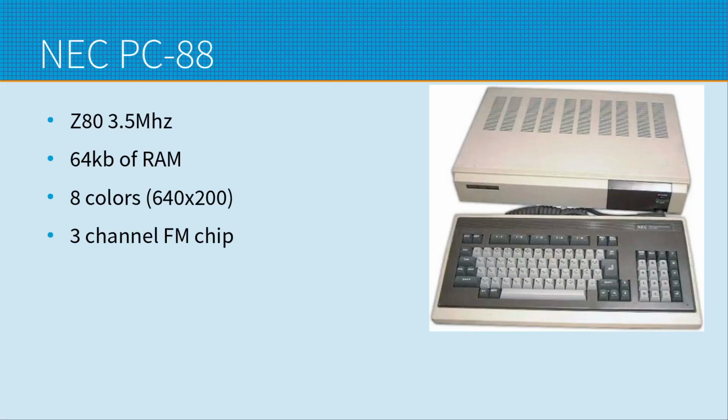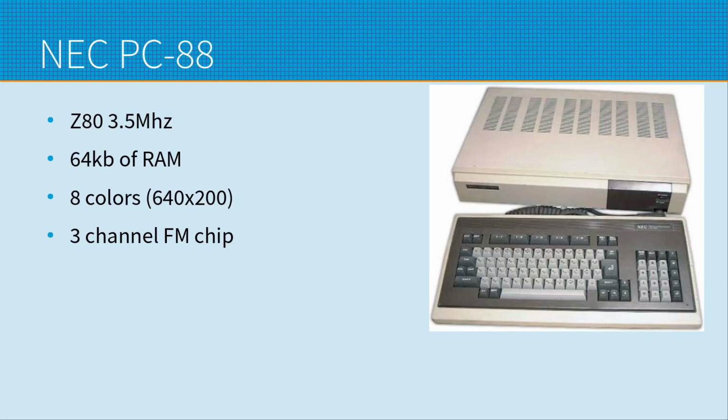So the next computer is the NEC PC-88. Unlike the C64, it has a Z80 processor, but it has a much bigger resolution: 8 colors at 640 by 200.